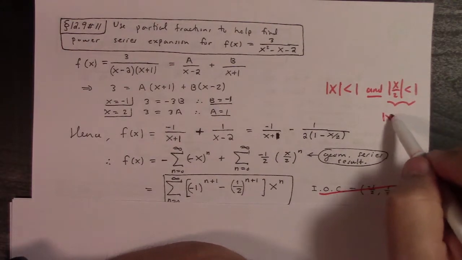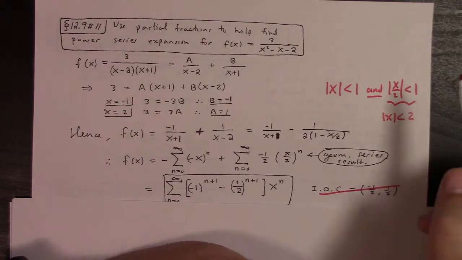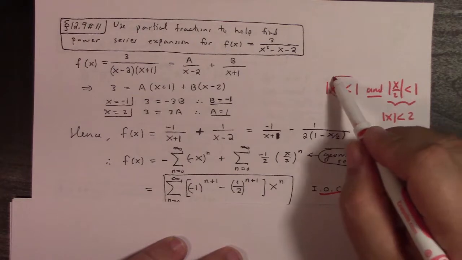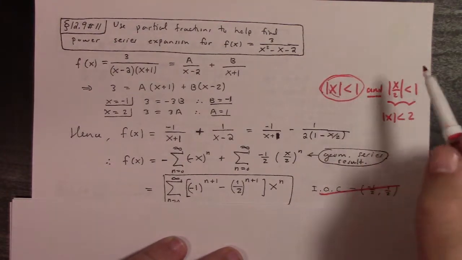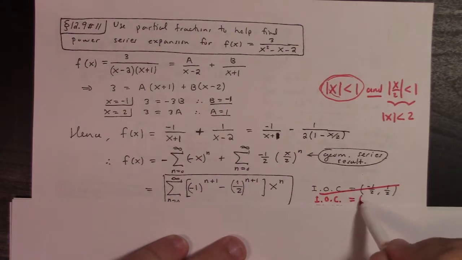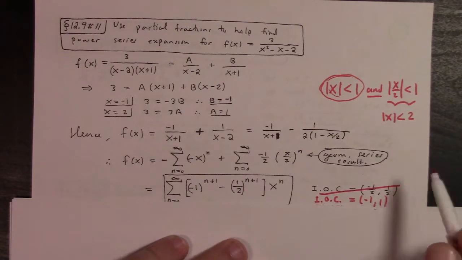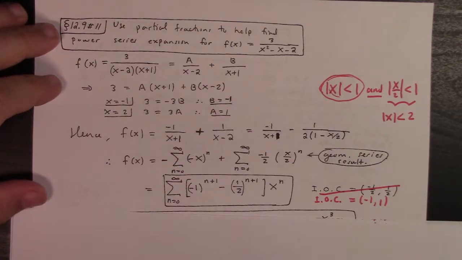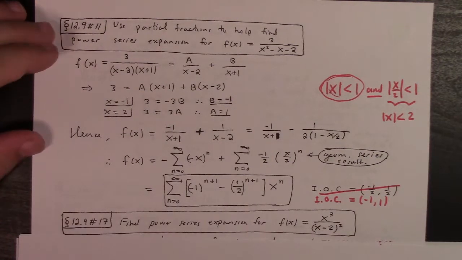That says that the absolute value of x is less than 2. In other words, this is no restriction on that. So this right here is the weakest link. And so actually the interval of convergence here is minus 1 to 1, if we're careful. All right, so hopefully I can find these silly mistakes as we go.